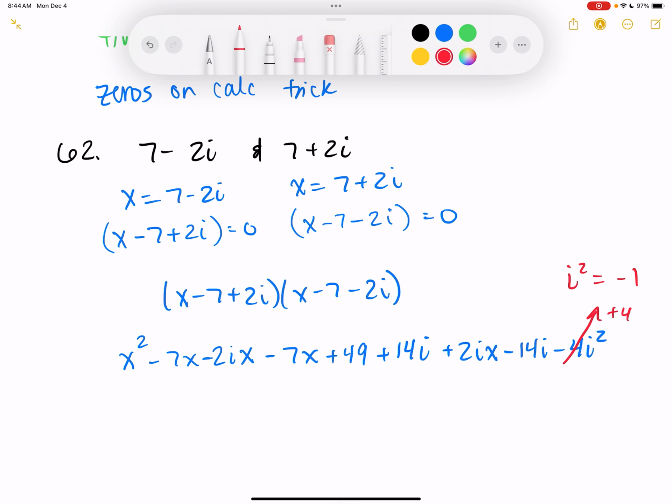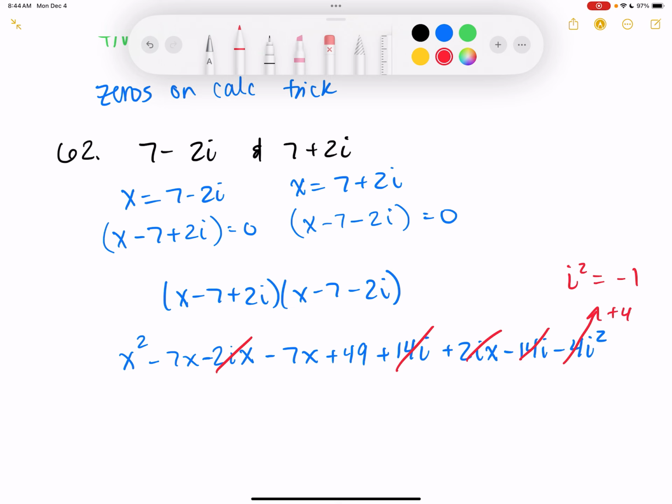I've got a minus 2ix and a plus 2ix, so those cancel. They're going to go away and become 0. I've got plus 14i and minus 14i, so those are going to cancel.